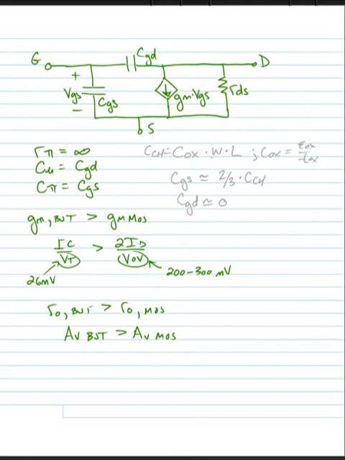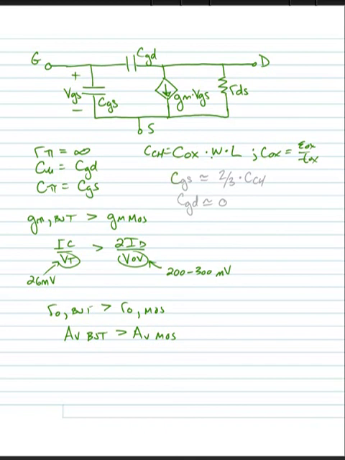Now, one other thing that I want to mention is we can find the total capacitance for the channel as being COX times W times L. This is our channel capacitance. Now, COX is equal to EOX, the permittivity of the oxide, divided by the thickness of the oxide.